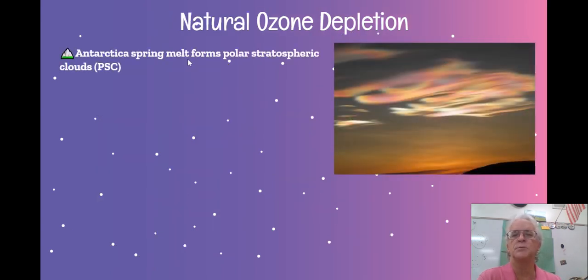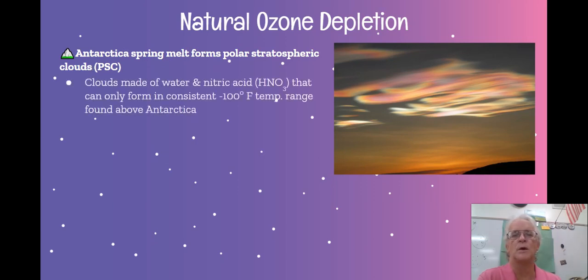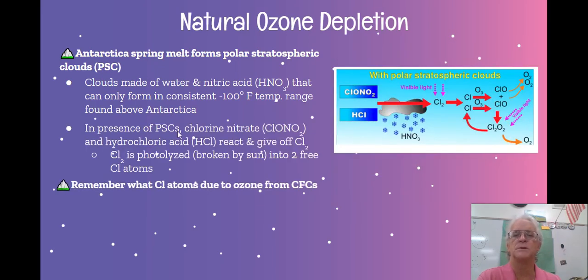So the natural depletion happens every year down in the Antarctic and the polar region. The Antarctic spring melt forms polar stratospheric clouds. The clouds are made of water and nitric acid. They can only form in the minus 100 degree Fahrenheit temperature range found above Antarctica. In the presence of PSCs, the chlorine nitrate and hydrochloric acid react and give off chlorine.